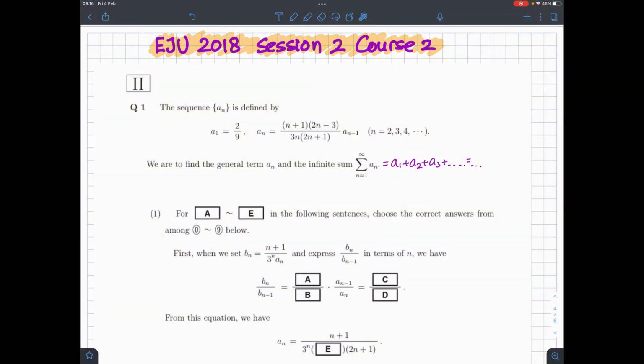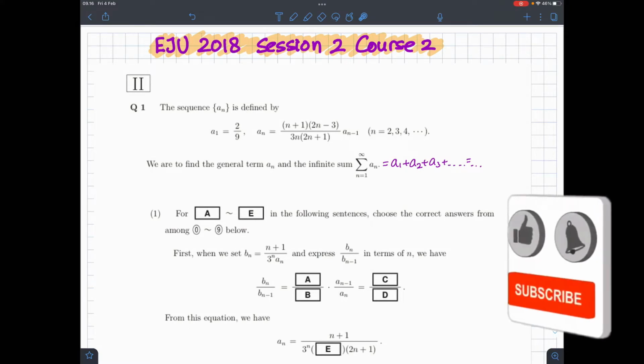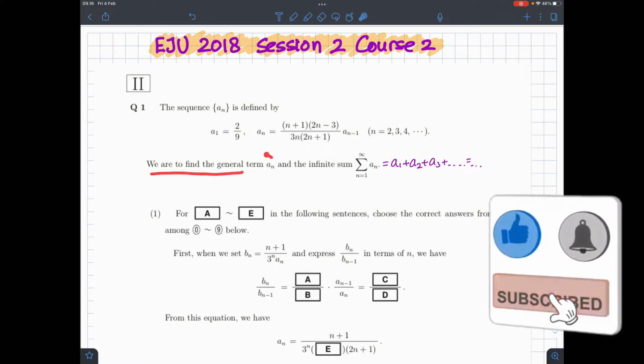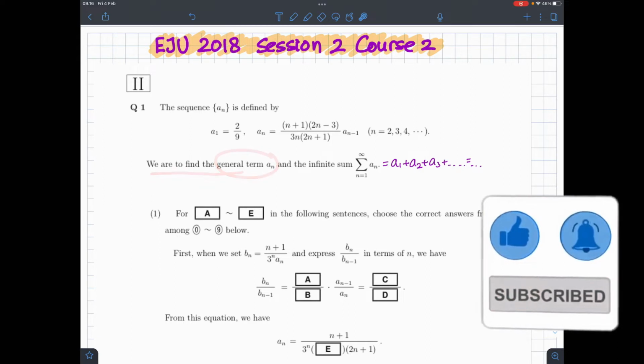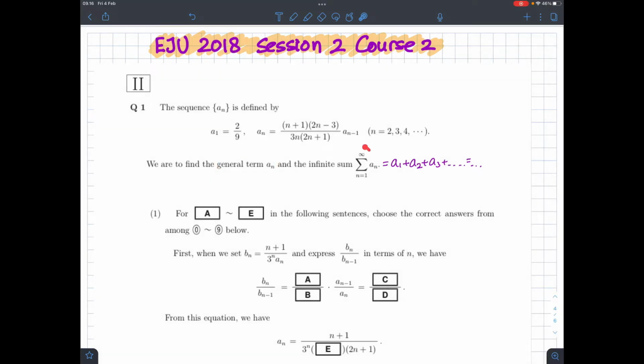We need to find the general term an, and the infinite sum. Infinite sum means a1 plus a2 plus a3 up to infinity.